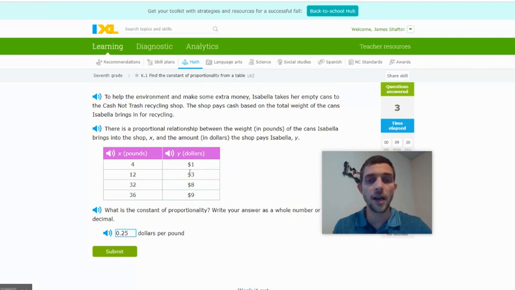Let's take $3 divided by 12, and that gives you 0.25. So you get 25 cents for 1 pound. $8 divided by 32 gives 0.25. $9 divided by 36 is going to give you 25 cents for 1 pound.